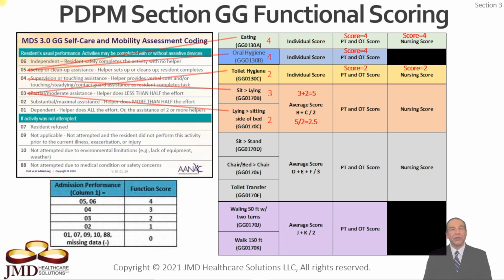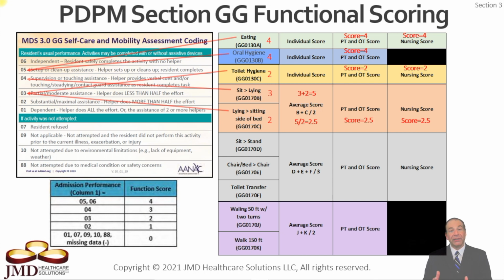Now, here's another little tip. Don't convert these to the next whole number until you get to your final scoring process. Leave it as it is and carry it over to both your OT and nursing. It's 2.5, 2.5.